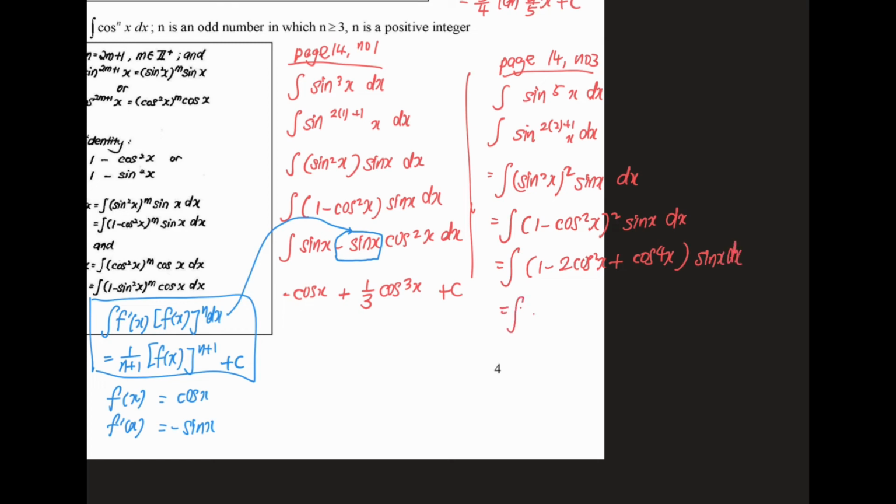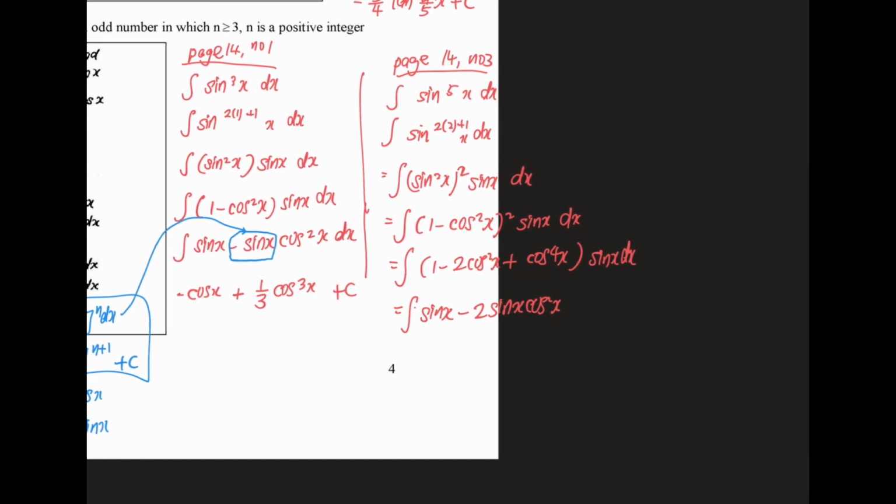Expand it: sine x minus 2 sine x cos square x plus sine x cos 4 x dx.